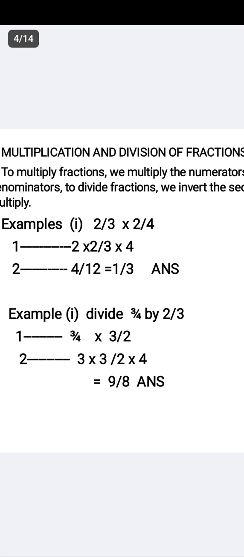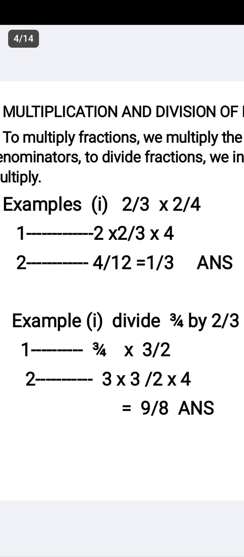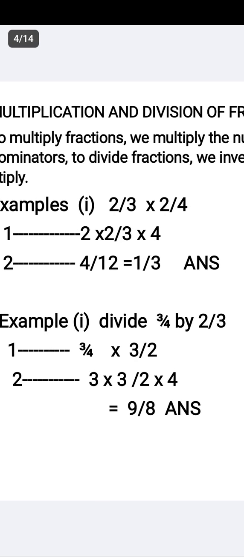Example 2, in division: divide 3 over 4 by 2 over 3. Very simple. To divide two fractions, invert the second fraction and multiply. That is what we do here. The first step is to invert the second fraction.